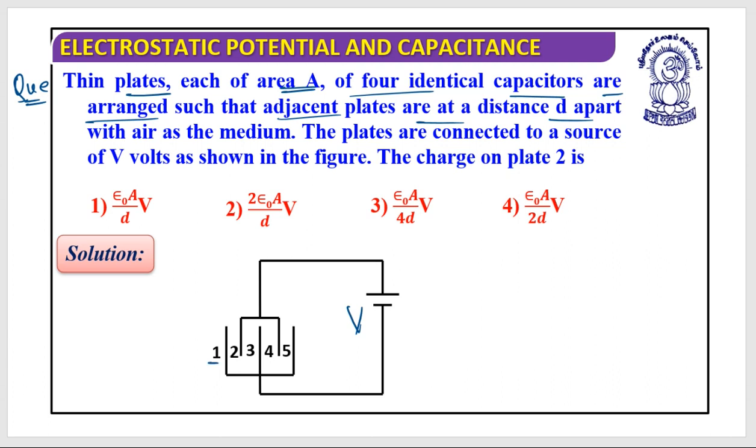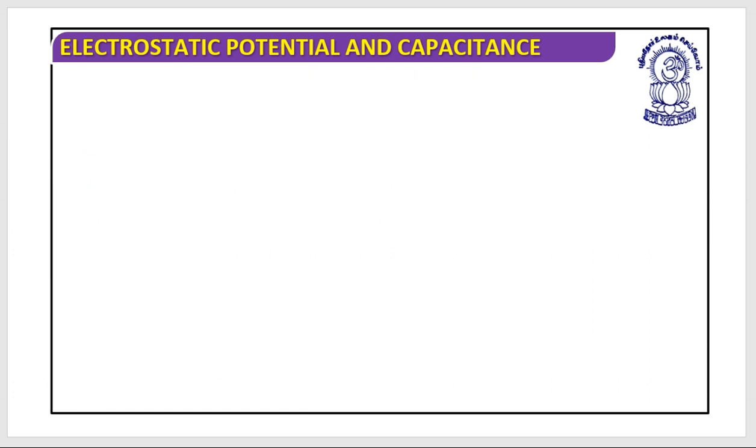So there are 5 plates, 1, 2, 3, 4, 5, and if I arrange this, what I know is that plate number 2 and 4 have been connected with the positive polarity. This is positive, this is negative, that you know. Yes, so first let's arrange it.